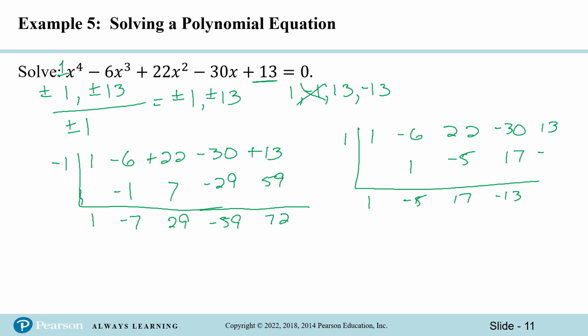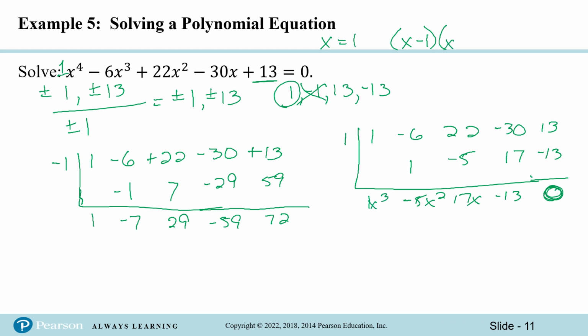This one's looking good. And yep, we've got 0. Okay, so 1 is a 0, which tells me x minus 1 is a factor. And so this is my remainder, my constant, my x squared, and my x cubed.